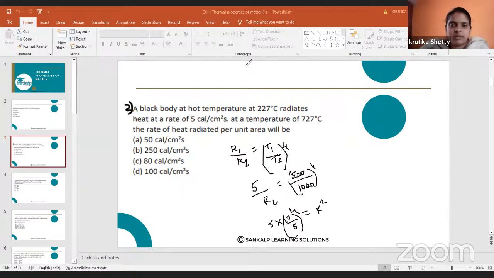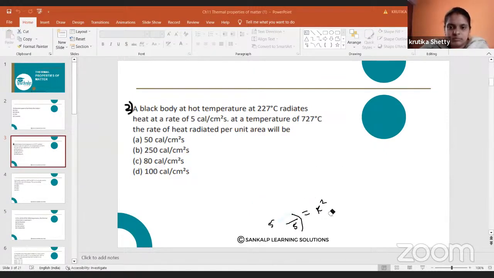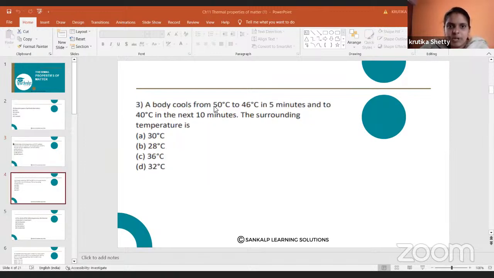Let us go to the next question. A body cools from 50 degrees Celsius to 46 degrees Celsius in 5 minutes and to 40 degrees Celsius in the next 10 minutes.